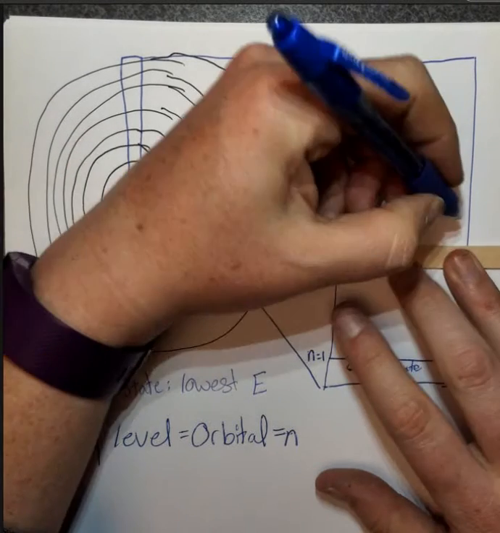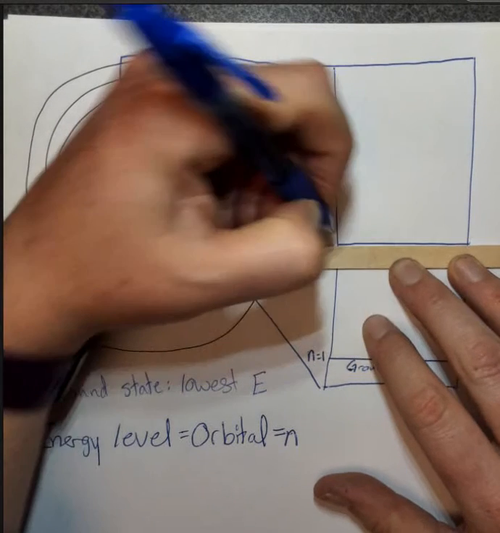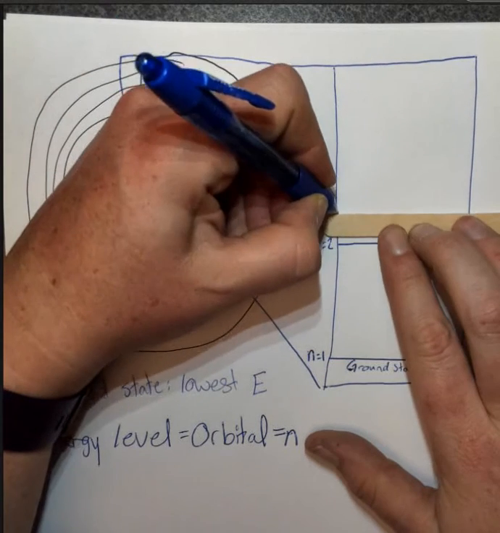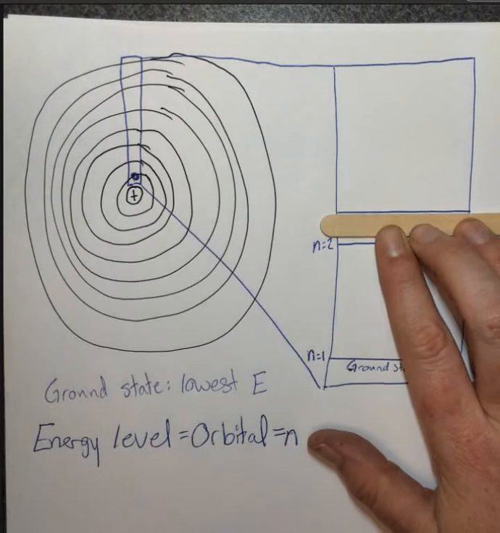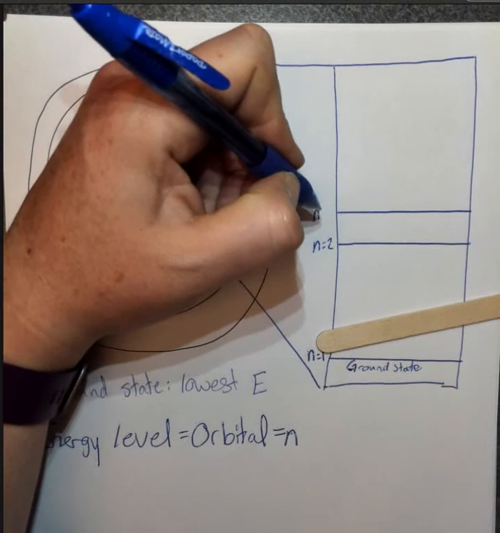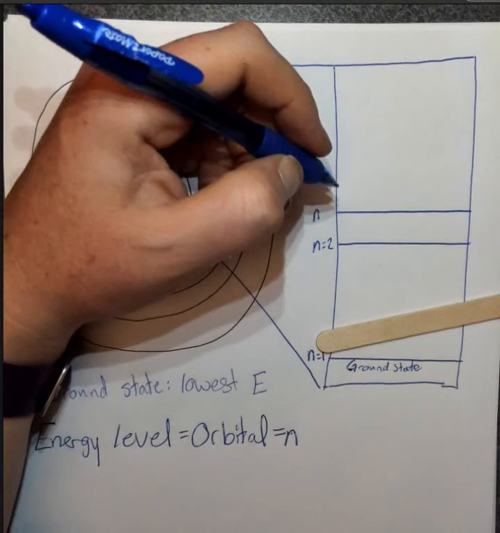Then, the next one up would be N equals 2. The next rung on the ladder, the next orbital, going out, up, away from the nucleus.